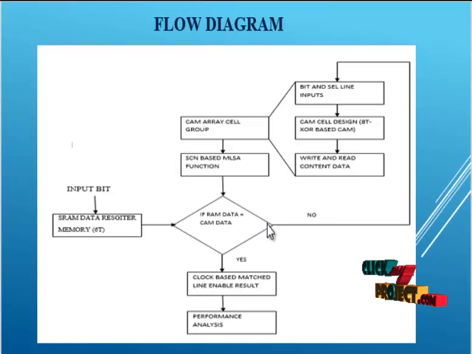If we know the bit on the selection lines of the process, from the beginning the CAM array of cells is grouped into a matrix, and we combine the levels of the XOR and NMOS. After that we get the scan based enable functions, and this scan based enable process finds out the CAM cell array result to apply the CAM data and RAM data.